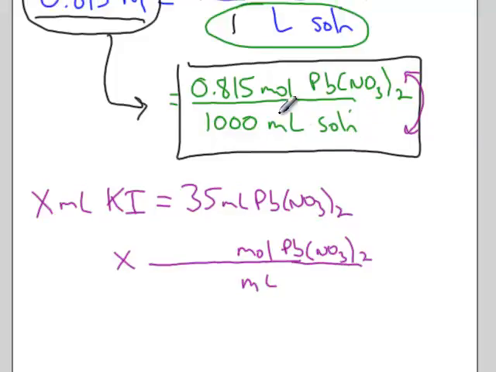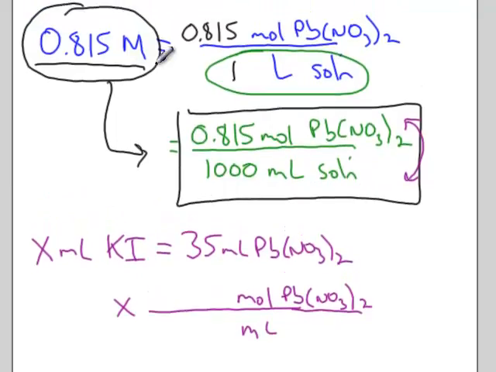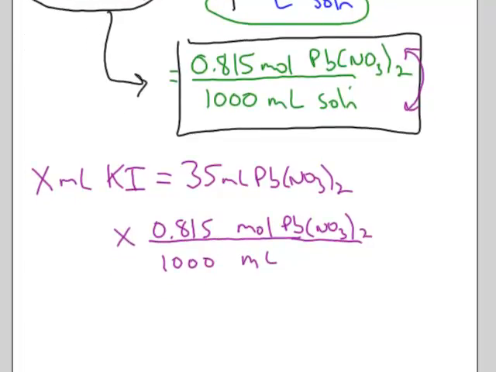And that conversion is the molarity, 0.815. So 1,000 milliliters of that lead 2 nitrate solution contains 0.815 moles of lead 2 nitrate.